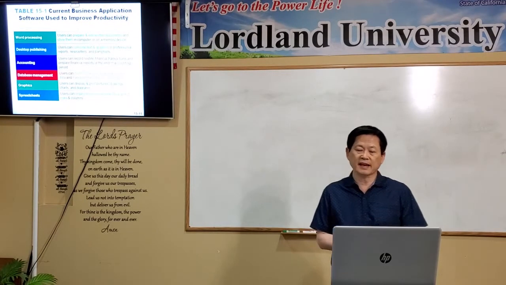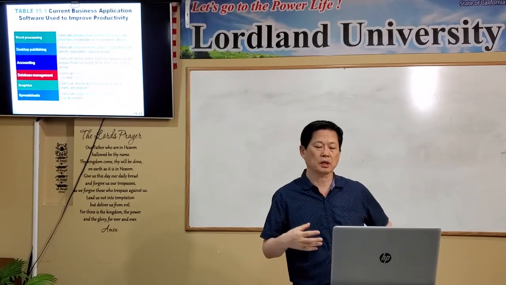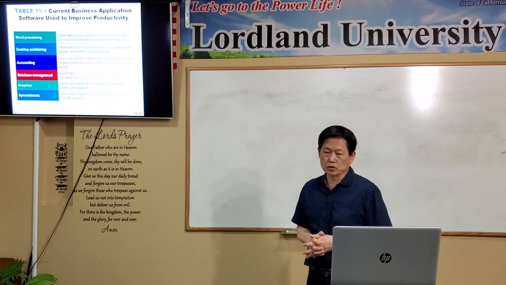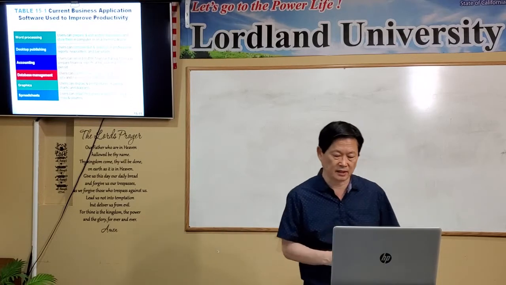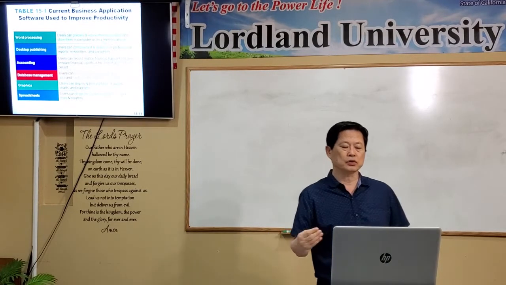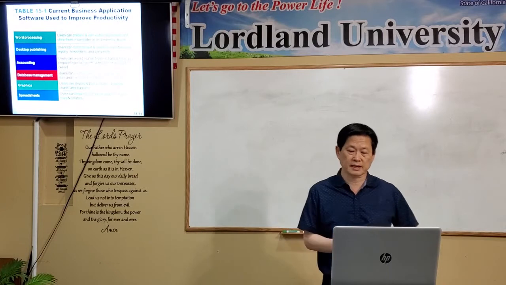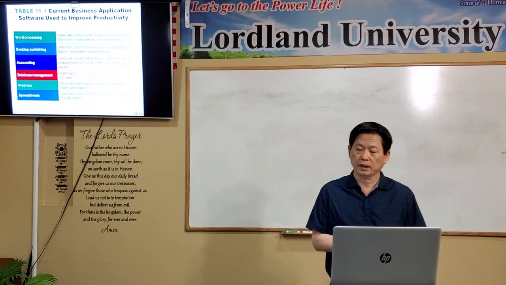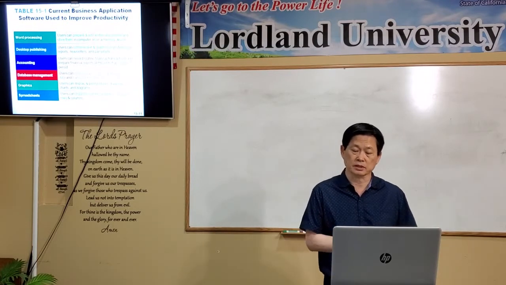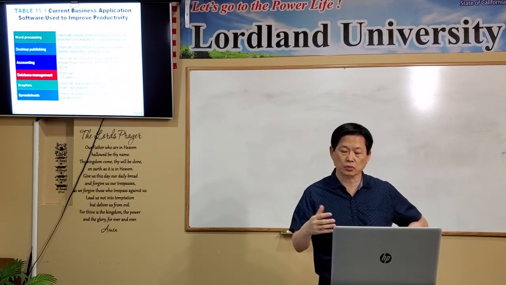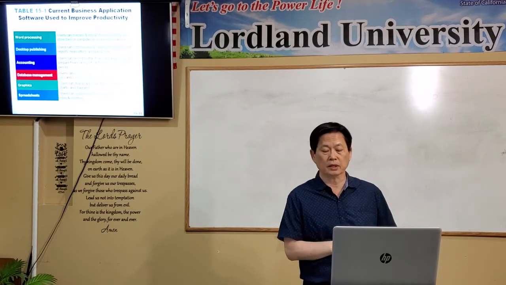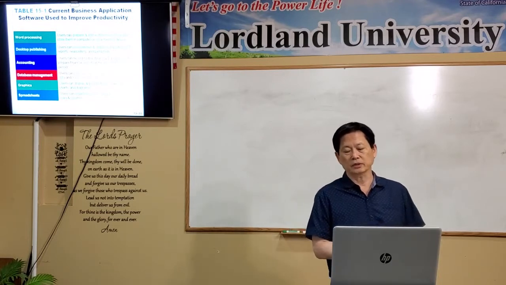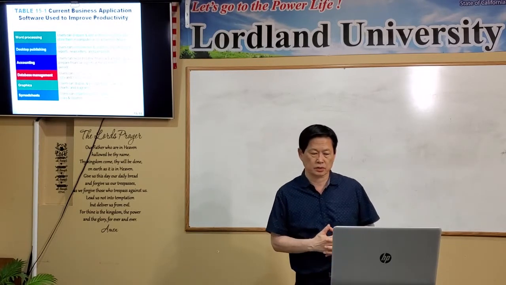This table 15-1 shows the current business application software that is used to improve productivity. By using word processing applications, users can prepare and edit written documents and store them in a computer or on memory devices.